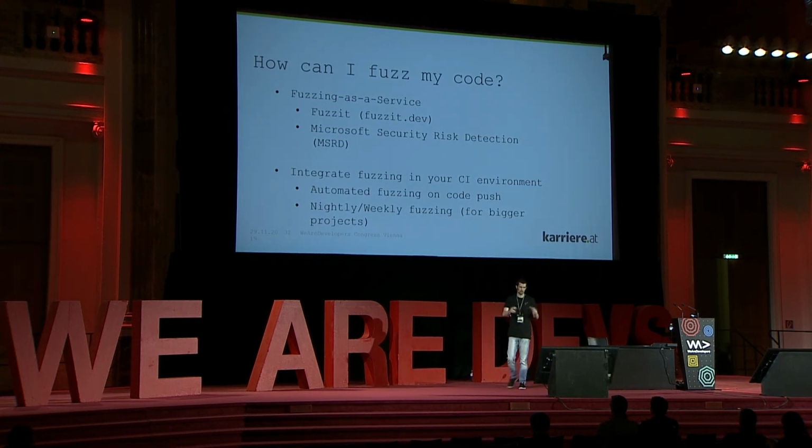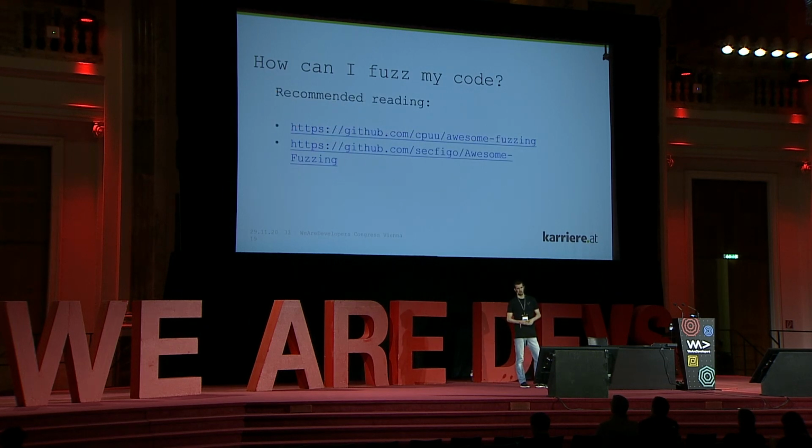If you have a small library you fuzz, you can do automated fuzzing on code push, for example. If you have a bigger software which takes a longer time to fuzz, it is probably better to do nightly or weekly fuzzing. I recommend you to check out those links if you really want to get started with fuzzing. It provides nice introductions and a lot of helpful links.